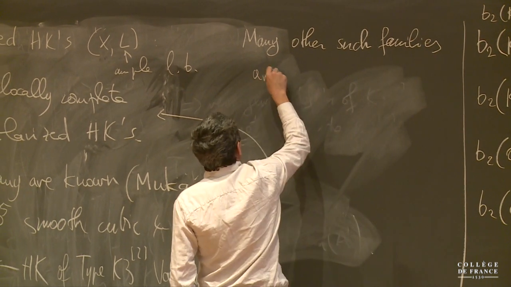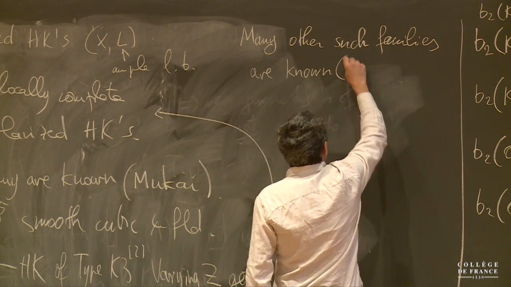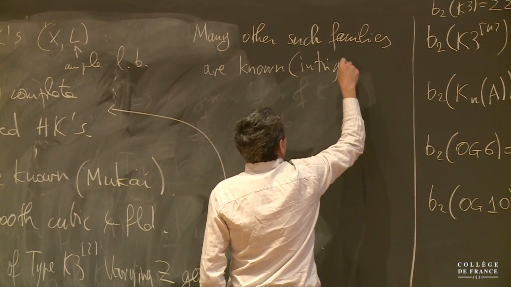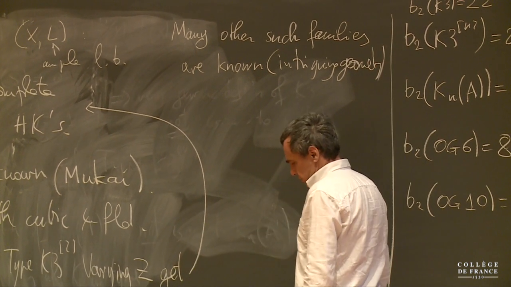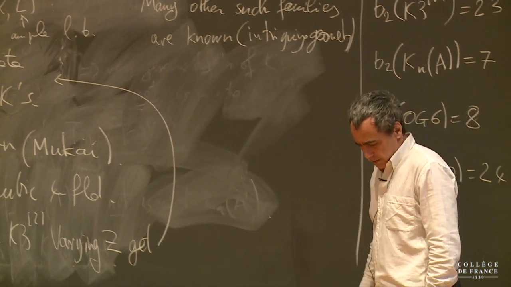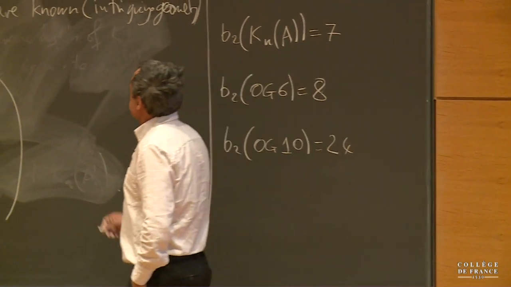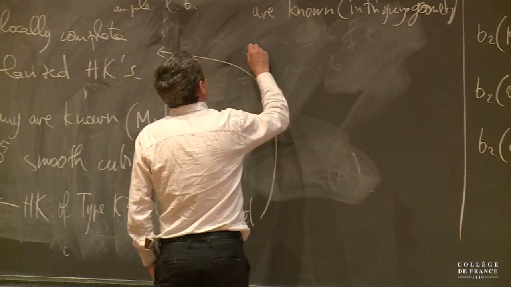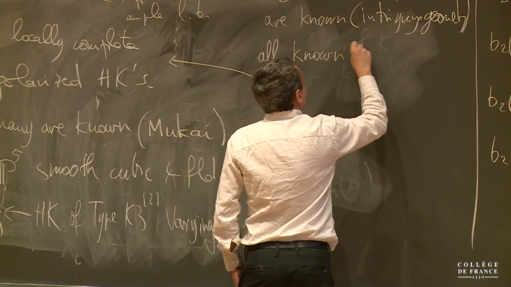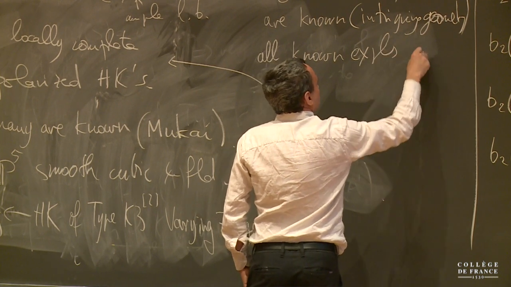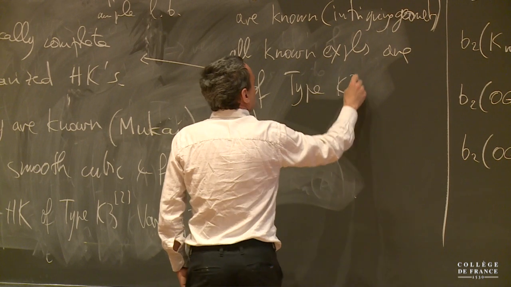And they have, with an intriguing geometry and connection with Fano varieties and so on, but all known examples are of type K3^[n].